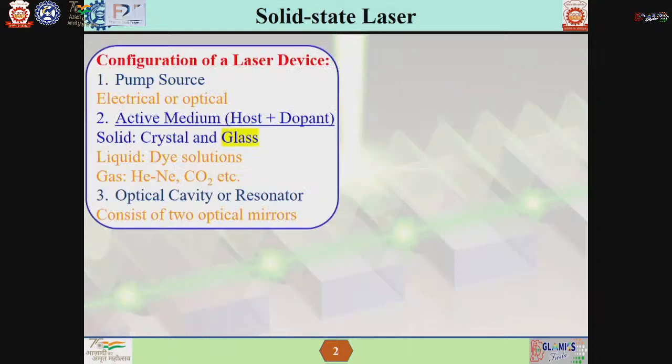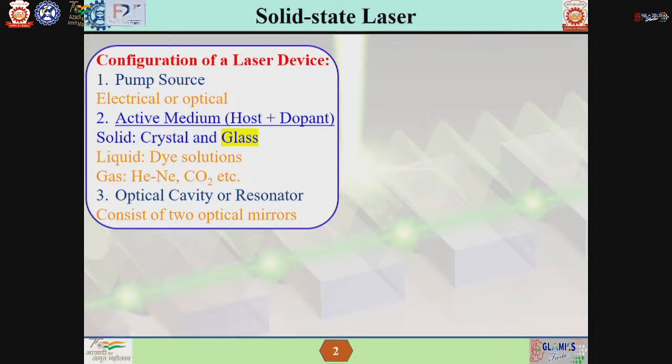So what is the active medium? To see this, we will look at the configuration of a solid state laser. It consists mainly of 3 parts. The first one is the pump source, and we will consider only the optical pumping process here. The second one, and the most important one, is the active medium. It is a combination of the rare earth active ion, or laser active ion, and the host material.